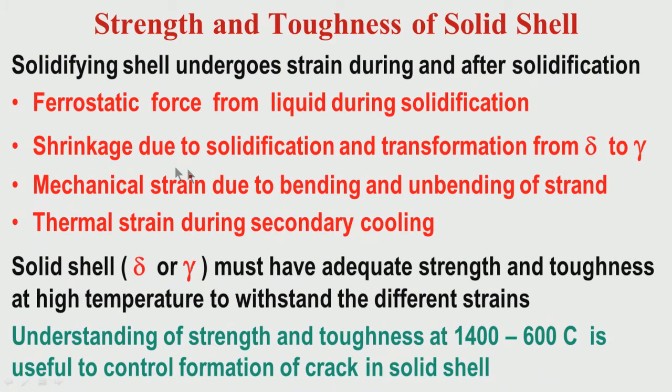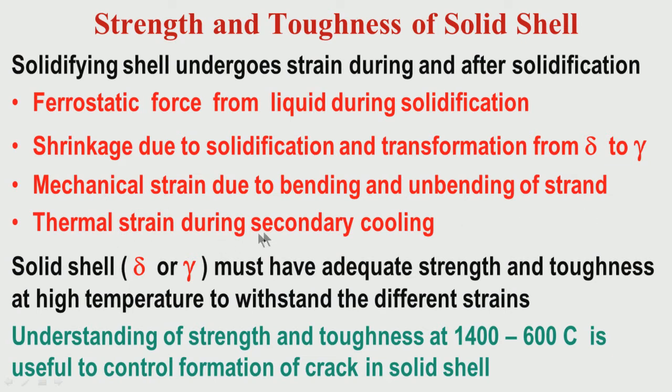Again after certain time it has to be straightened, that means there has to be unbending. So initially during bending there is certain mechanical strain, and during unbending you have just the reverse type of strain, again mechanical strain on the strand, both at the inner radius and at the outer radius. We have to keep the mechanical strain during bending and unbending in mind, because this might cause formation of cracks unless the shell has sufficient strength and toughness.